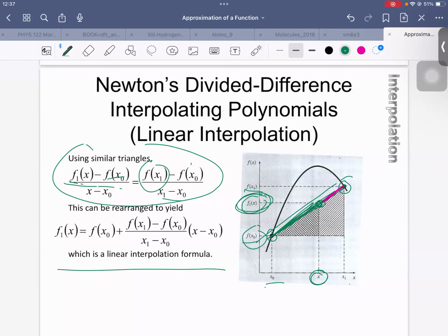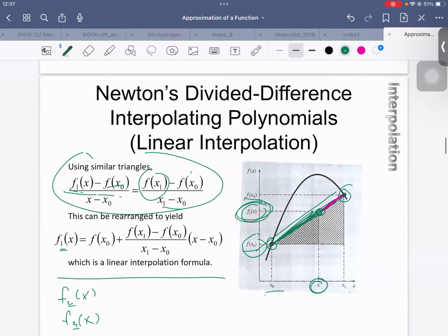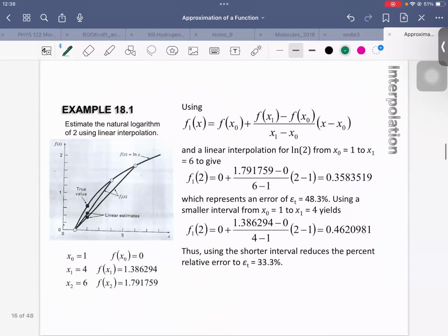Now, if you remember yung ginawa natin sa Simpson's rule, we have a polynomial fitting there, right? So this f1, so of course there is f sub 2, f sub 3, and so on. So this subscript denotes the degree of interpolation that you're gonna use, or you'll be using. Okay. All right. So example, you have these values, no?